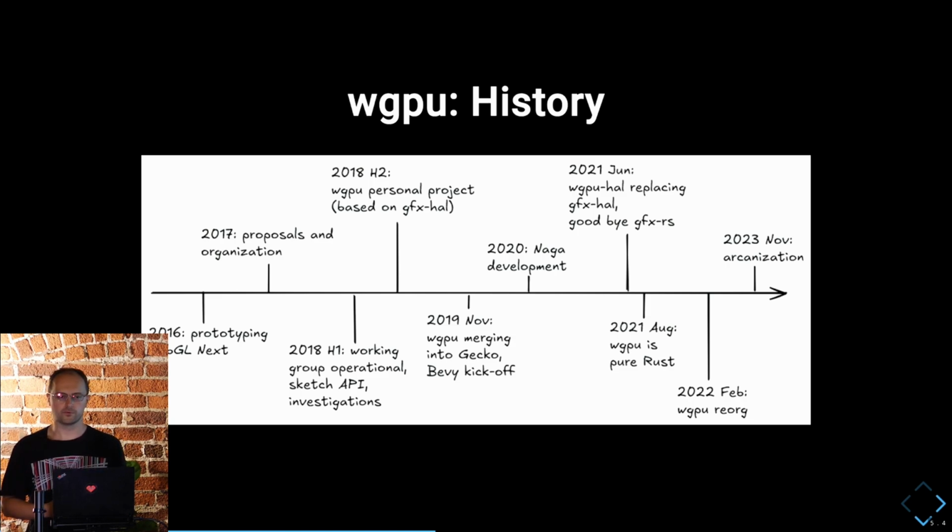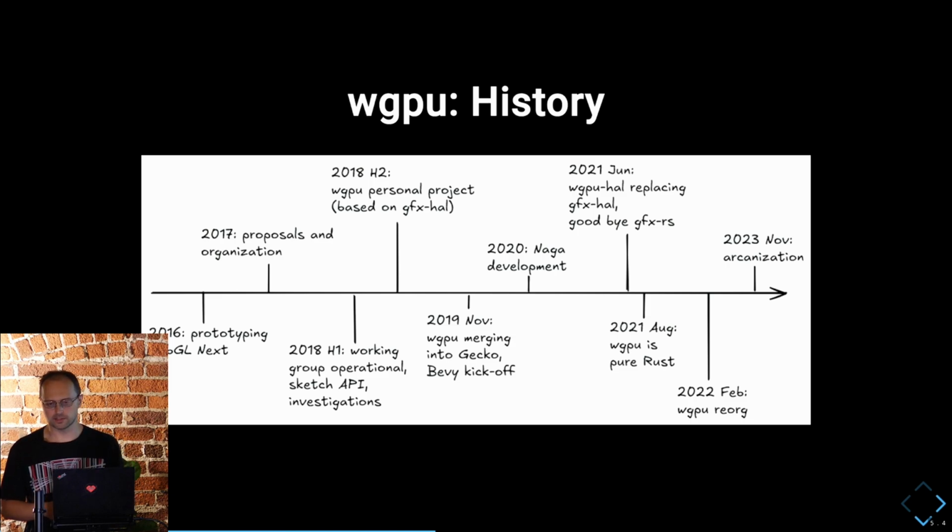Vulkan is so complicated, and a Rust API that's Vulkan-like is also very complicated. So there was the Amethyst engine at the time, and there were some abstraction libraries, and it was going really, really hard. So at that point, I figured, like, there's a Sketch API that's portable. I might as well just implement it in Rust and give it to the ecosystem so that we can all be happy and have a sane API instead of the Vulkan madness that we were doing.